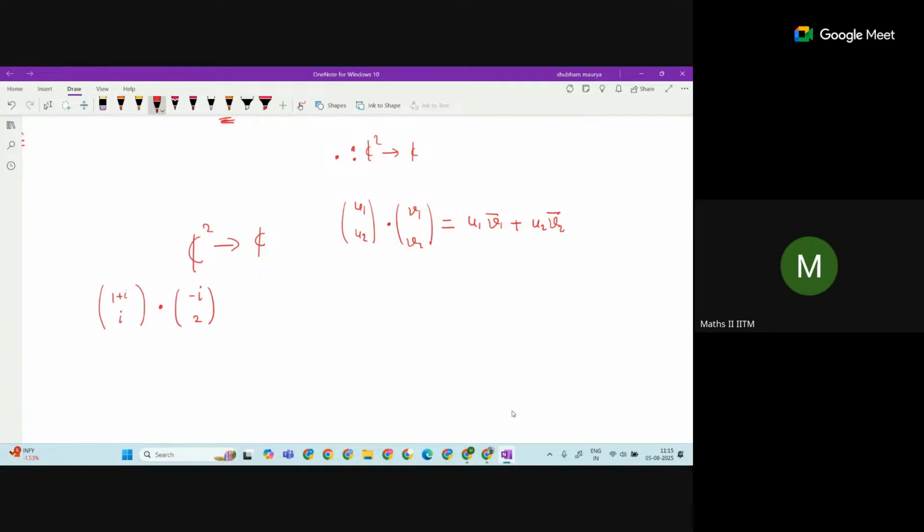So this is how it is defined, with the conjugate. This is the definition. Can anyone follow this definition and find the value here? I will do that, but anyone can do it quickly. Let's say this vector is u and this vector is v. Can anyone find the value?